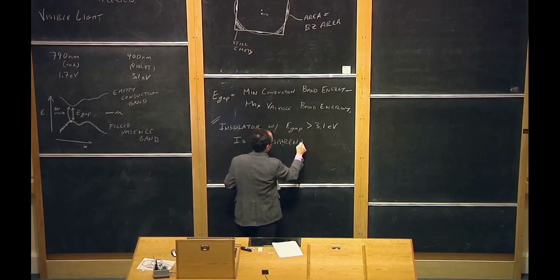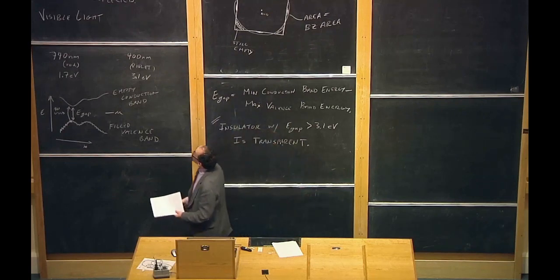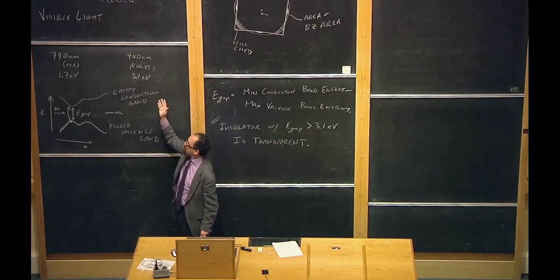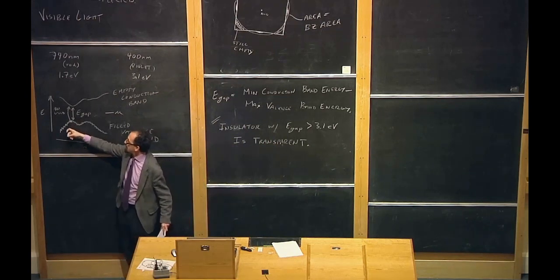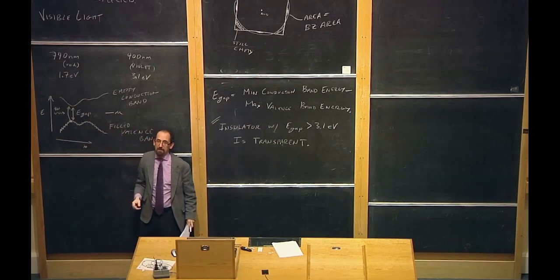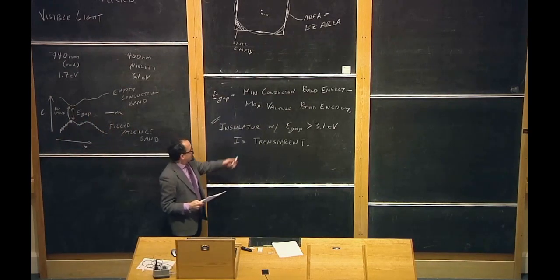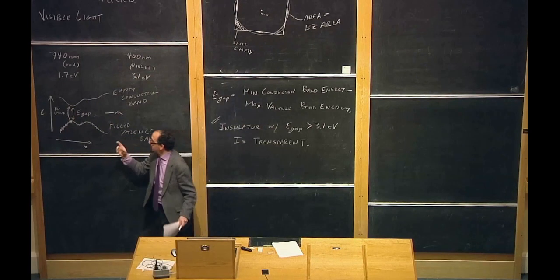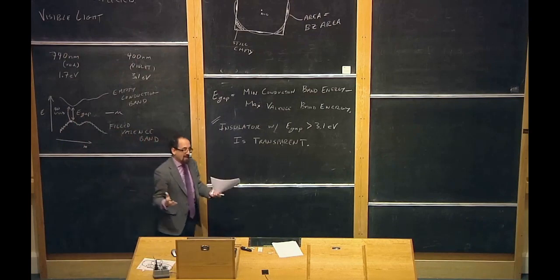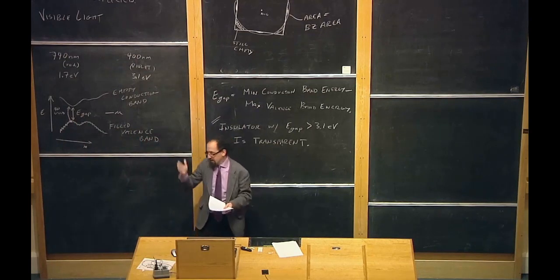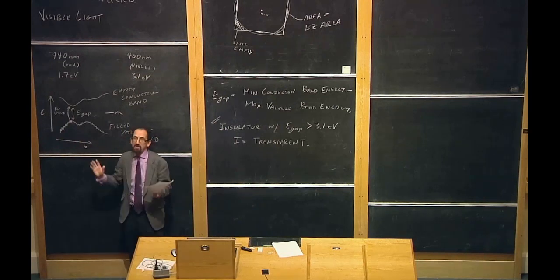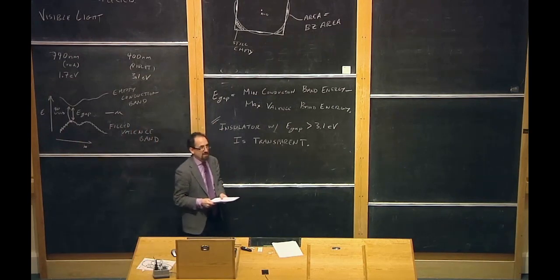Well, if the gap is greater than 3.1 eV, then any visible photon does not have the energy to excite an electron from the valence band to the conduction band. Okay? That's the key point. If the photon doesn't have enough energy to excite the electron between the two bands, then basically the photon can't interact with the electrons at all. The photon just has no choice but to go completely through the solid without interacting at all, because it can't make any of these transitions.